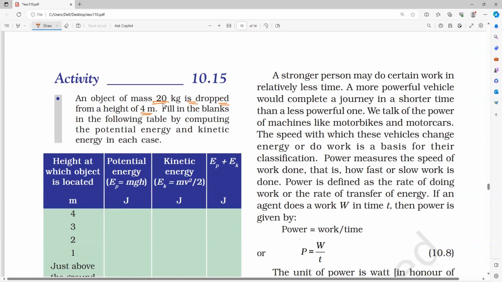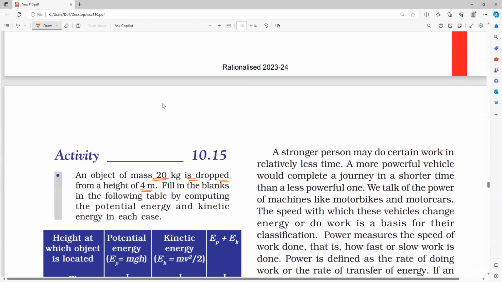Now the object is at the maximum height of 4 meters, so it has only one energy. What is that energy? Potential energy. It is at rest, so what is the initial velocity?